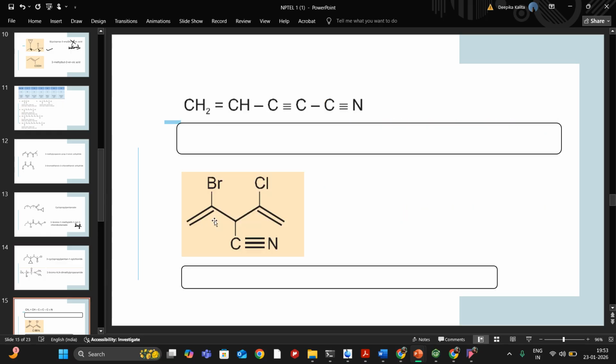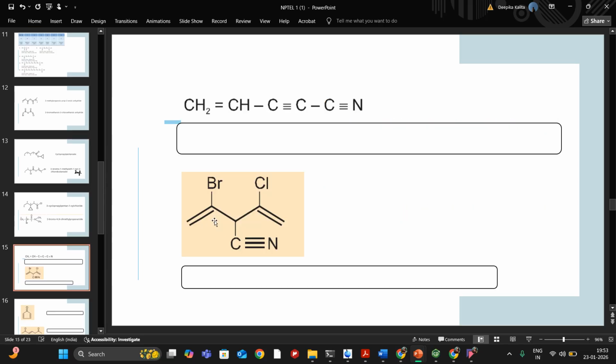Now let us move to the further questions. So now we are going to solve a few questions from the nitrile functional group. Okay, in the first compound, if you look, this is having 2 multiple bonds, alkene and alkyne, and 1 nitrile.